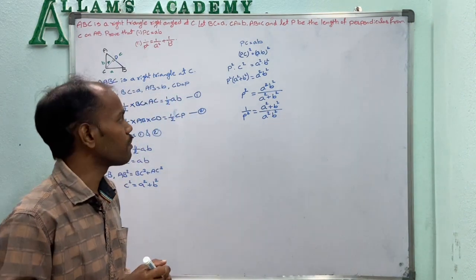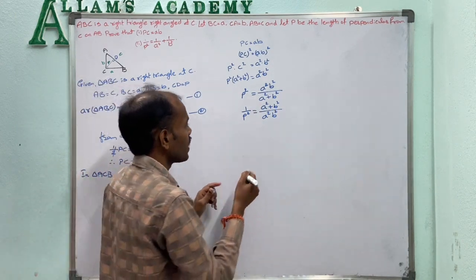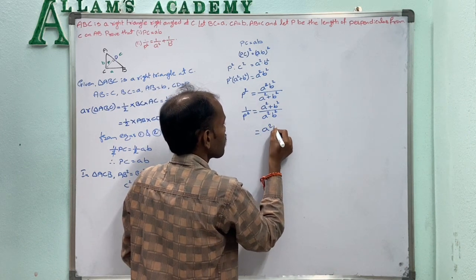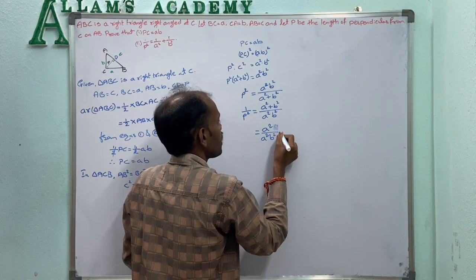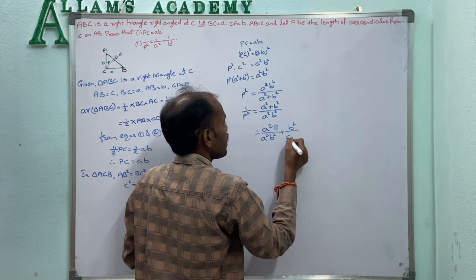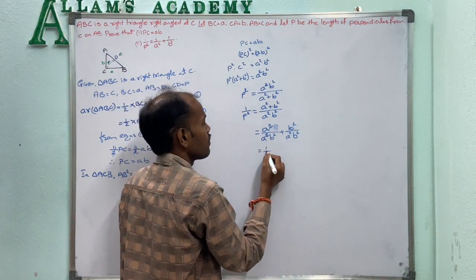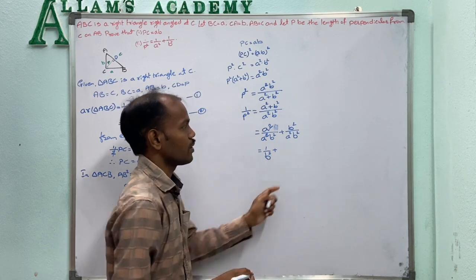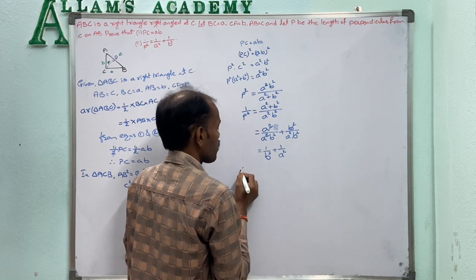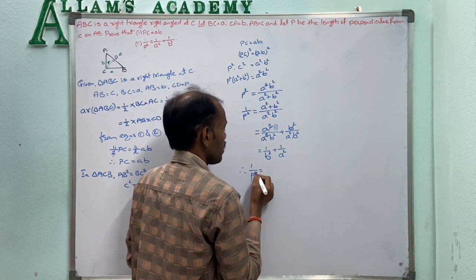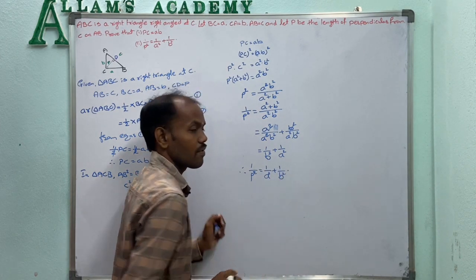Now A square B square is the denominator for both A square and B square, so we divide: A square by A square B square plus B square by A square B square. A square gets cancelled, that means 1 by B square. Next B square gets cancelled, that means 1 by A square. So we conclude that 1 by P square equal to 1 by A square plus 1 by B square.